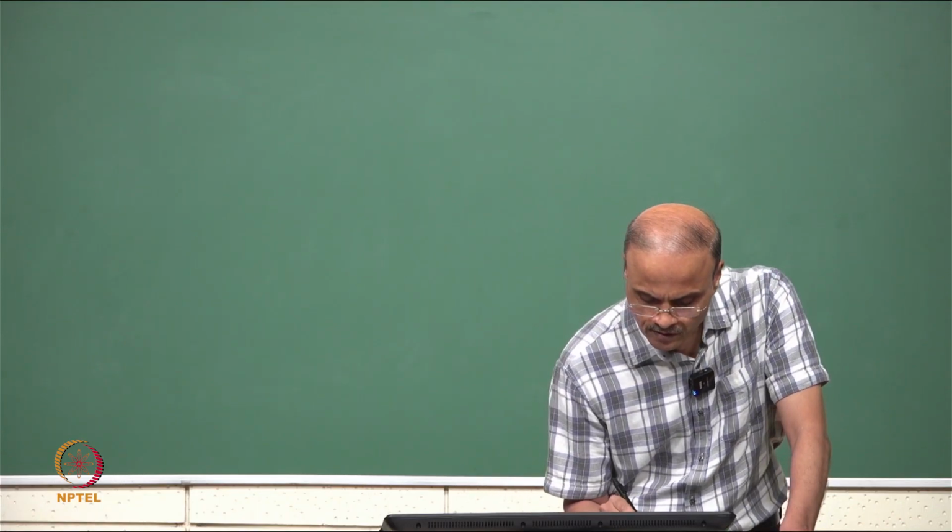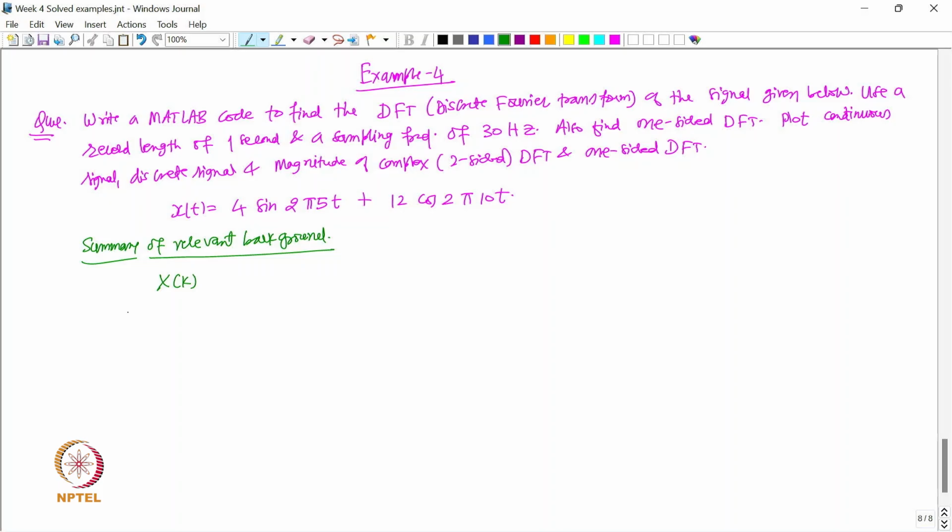That expression is X k equals 1 by N times the sum of x n e to the power minus i k 2 pi by capital N into small n, with n varying from 0 to N minus 1. This is the expression for the discrete Fourier transform, or discrete Fourier series, which we are going to use.